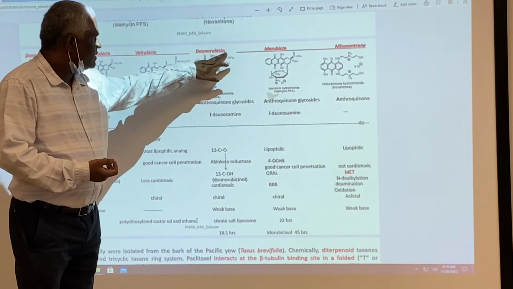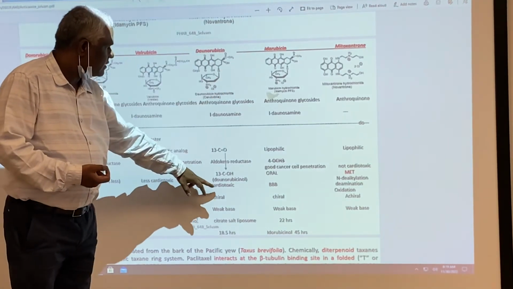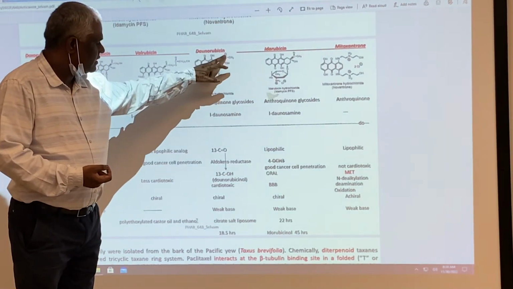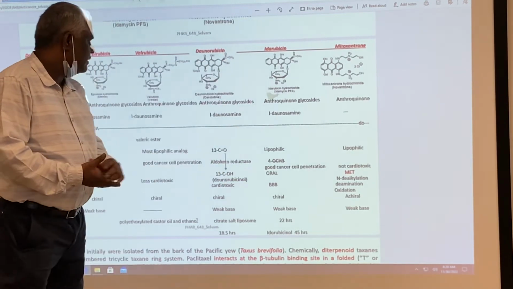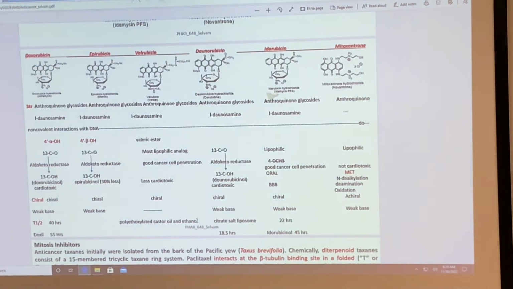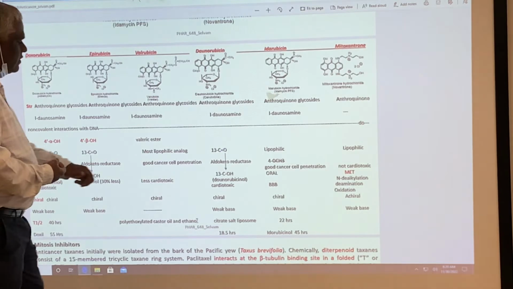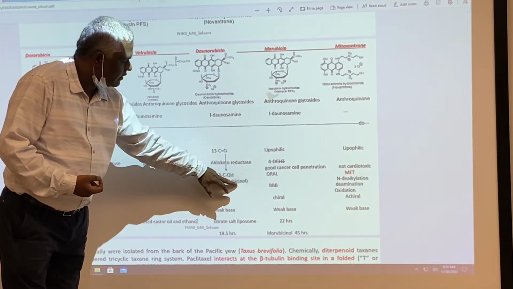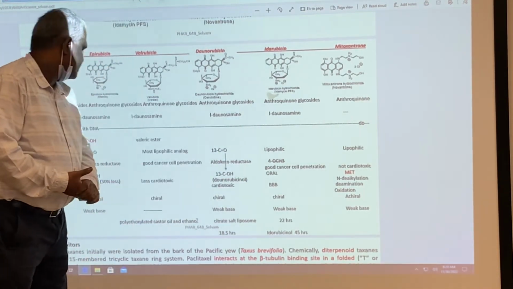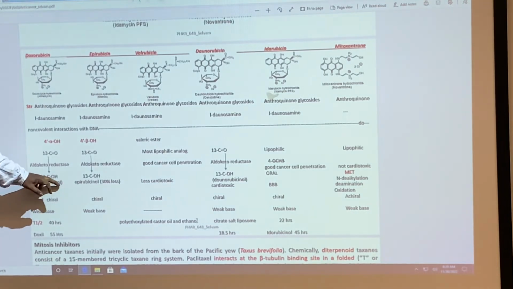But daunorubicin is also cardiotoxic because the keto functional group is converted to alcohol. The cardiotoxic metabolite is called daunorubicinol. When you have the alcohol, that is OL, daunorubicinol or doxorubicinol, epirubicinol, those are the cardiotoxic metabolites.